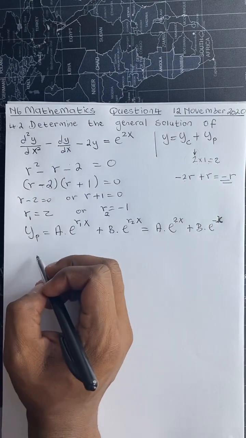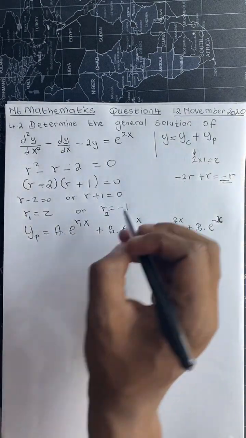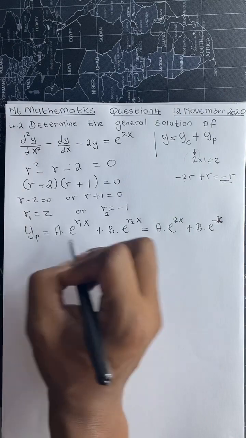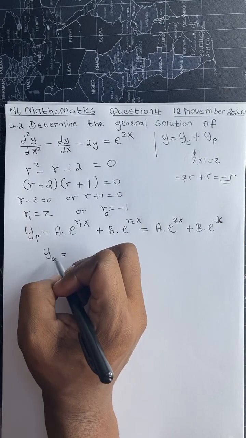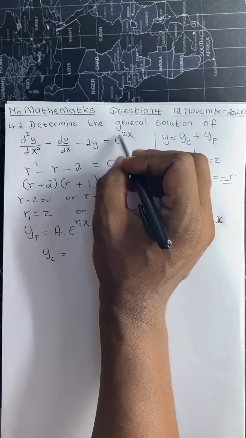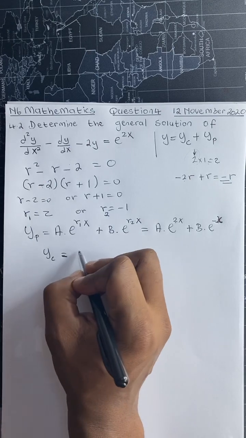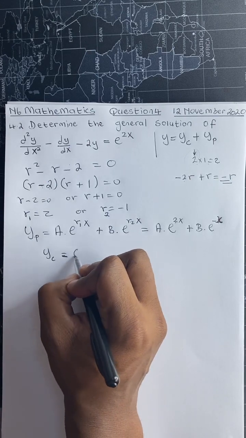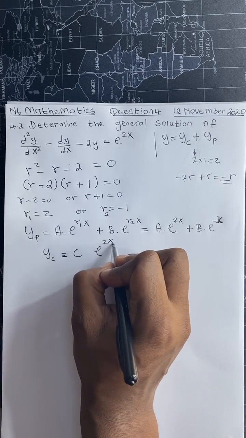We have to determine our complementary solution. So our yc, the complementary solution, we use what's on the right hand side to determine what our complementary solution will be. It was supposed to be c multiplied by e to the power 2x.